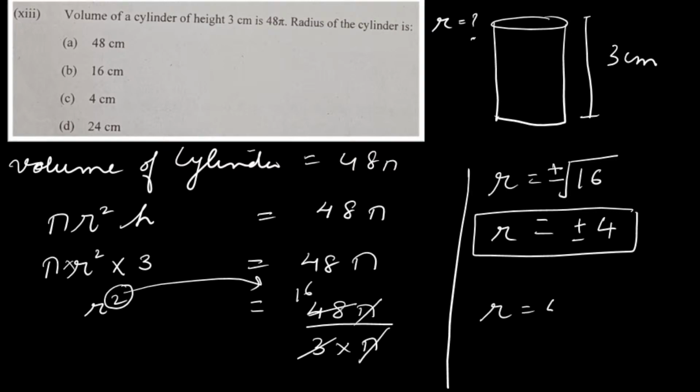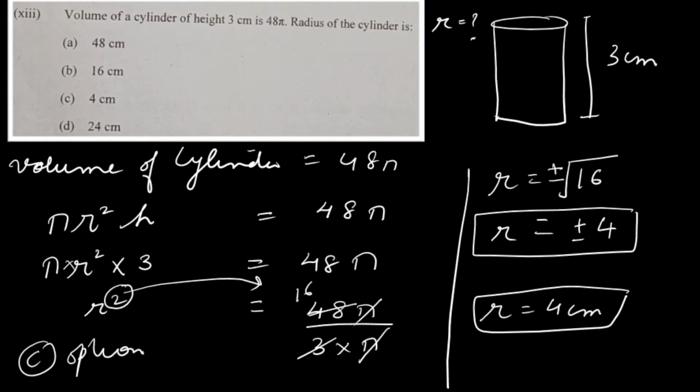Therefore, r is equal to plus 4 centimeter. So option C, 4 centimeter. Jayashri has given the answer, option C. So you should know the formula. You can see these are very simple questions, but you should be very good with the formulas.